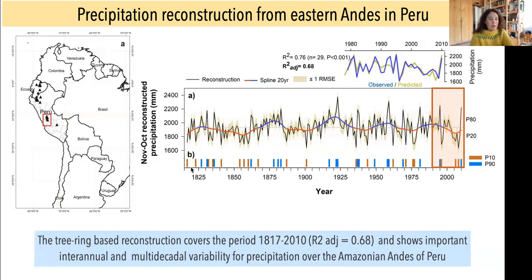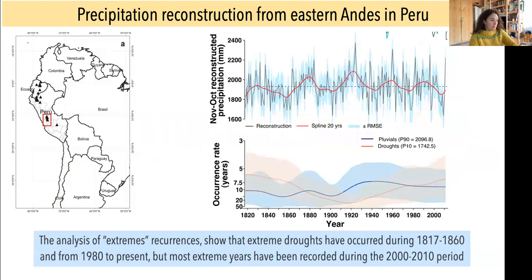It's also important to note that with the reconstruction, it is possible to evaluate the extreme wet and dry events along the reconstruction. So in this sense, we conducted a recurrence analysis of extreme events, and the analysis revealed that during the 19th century, from 1817 to the 1860s, there was a period of extreme dry events.